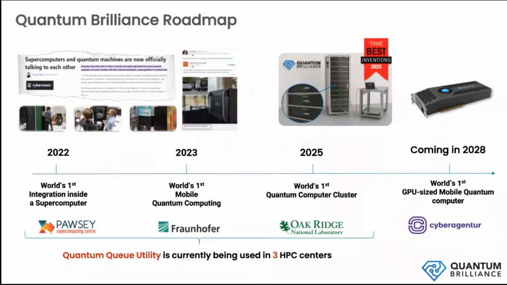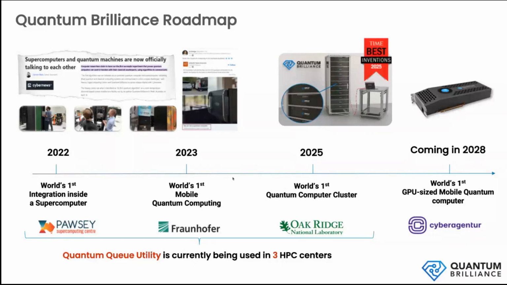So this is the roadmap at Quantum Brilliance within the last years. And here, what is important to note is that we have installed quantum computers in 3 HPC centers, and all these 3 centers use the Quantum Q utility that I'm going to discuss today. In 2022, it was installed at Pawsey in Australia.